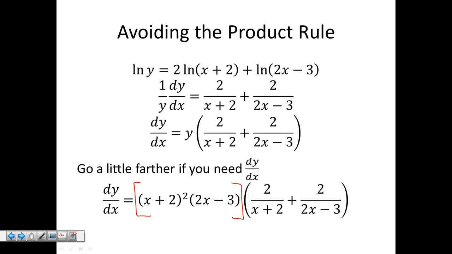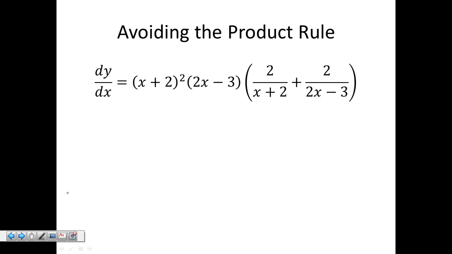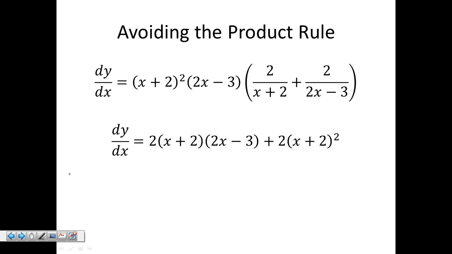Now I can multiply that into the parentheses and stuff will cancel. So if I multiply the x plus 2 squared in, the bottom of the first fraction will cancel. When I multiply the 2x minus 3 in, the bottom of the second fraction will cancel. And I can get rid of all my fractions.